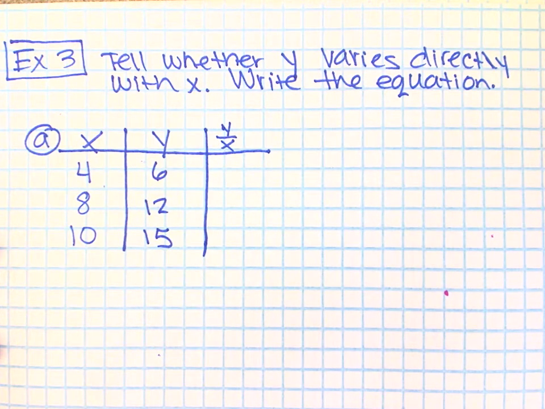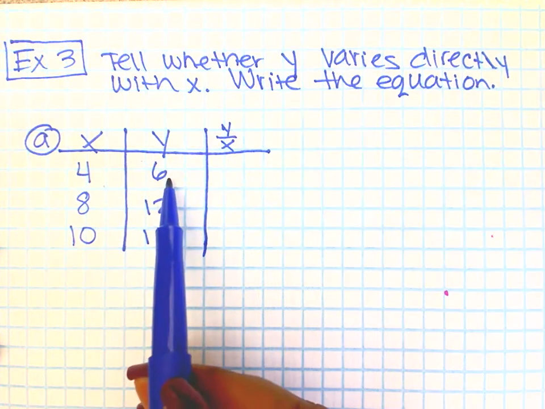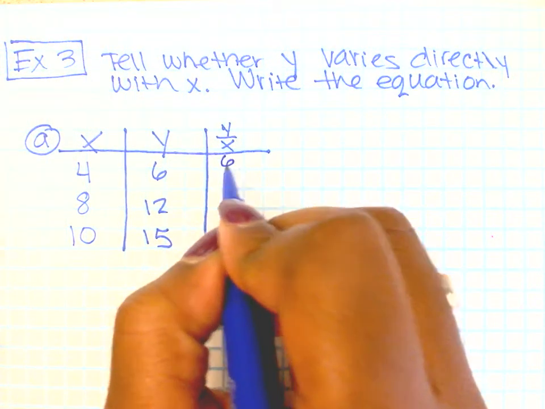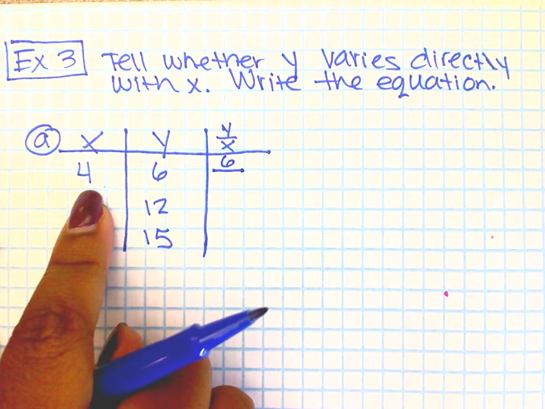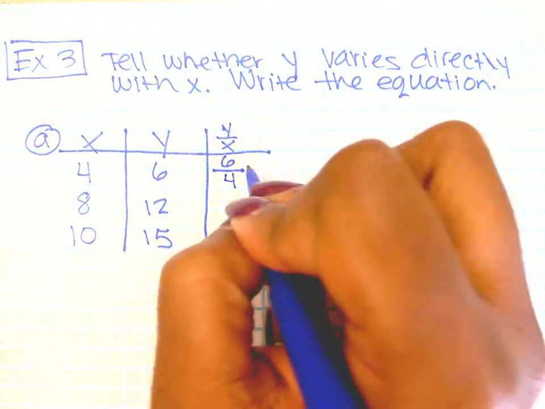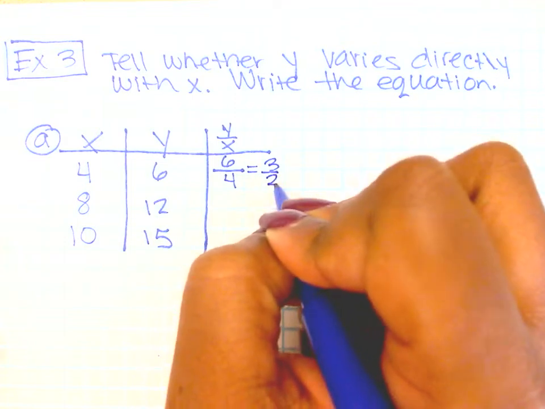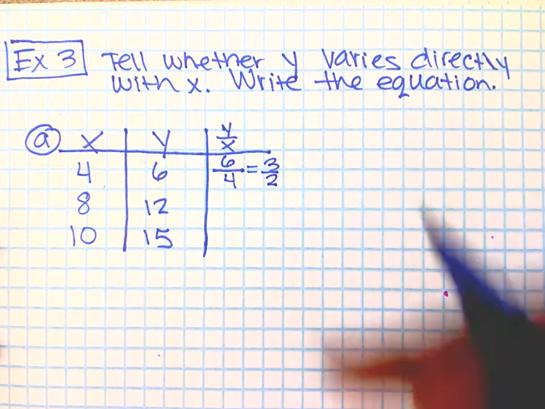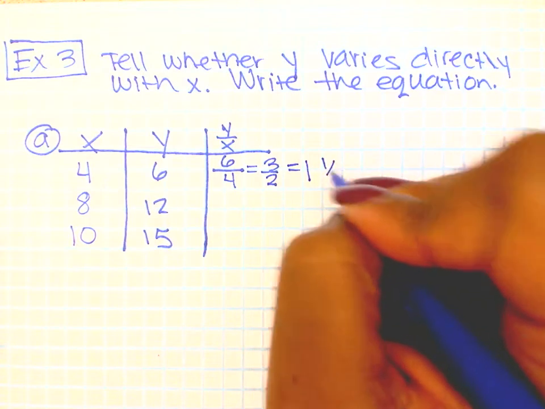Miss Graham, what do I do next? All you have to do is write y over x. You just have to divide it. So I'm taking y, 6, over x, 4. And what's 6 divided by 4? It's 3 over 2 when I simplify it, also known as 1 1/2.